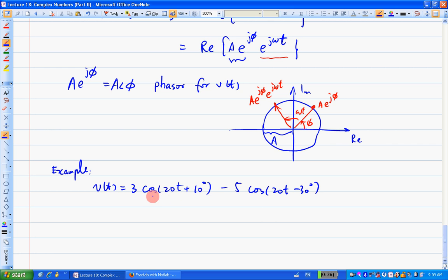I want to simplify this. There are two cosine functions with different amplitude, but the same frequency, and different phase. That's the common part.